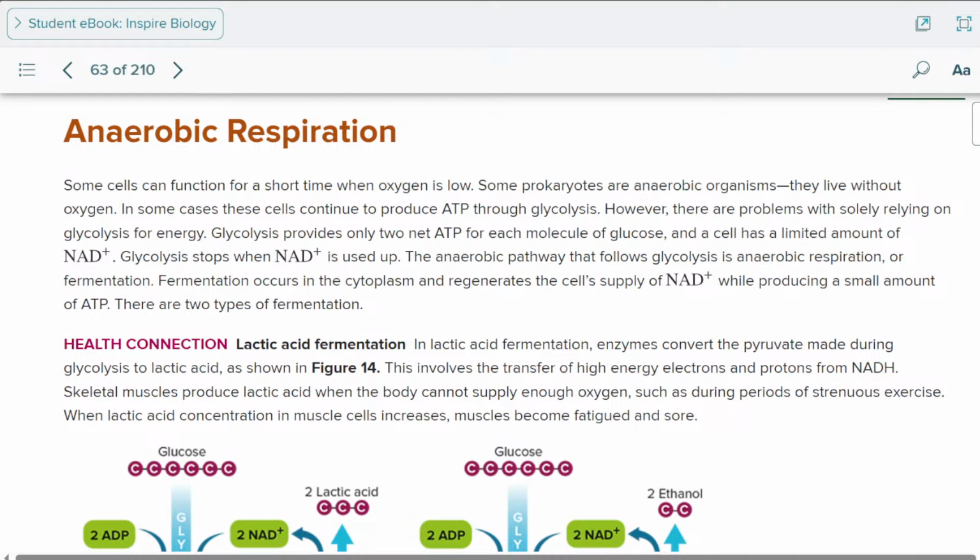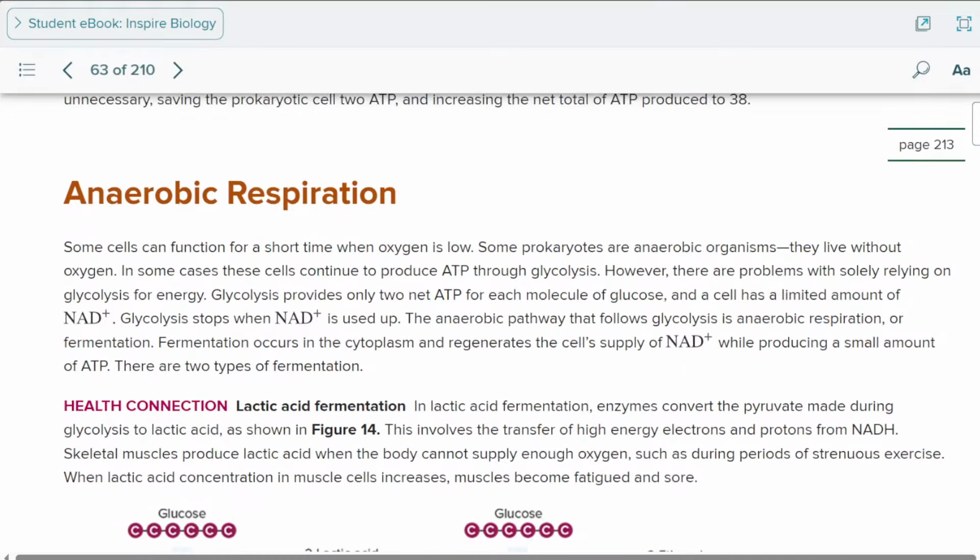Fermentation produces alcohol and carbon dioxide, and also lactic acid, so it's going to make a burning sensation that you cannot continue because it hurts too much. There's also not enough oxygen there, so it's gonna hurt a lot. So yeah, okay, now to the anaerobic respiration.